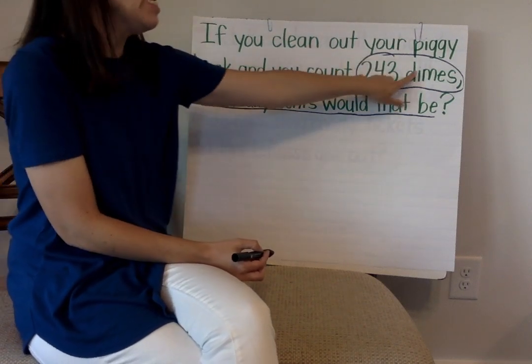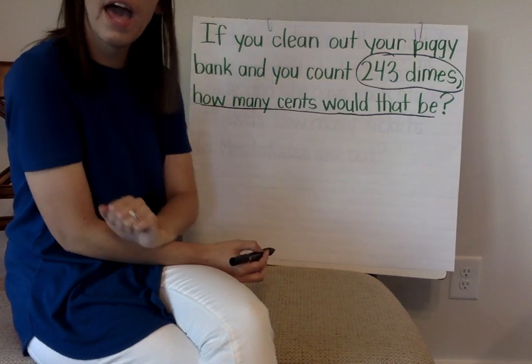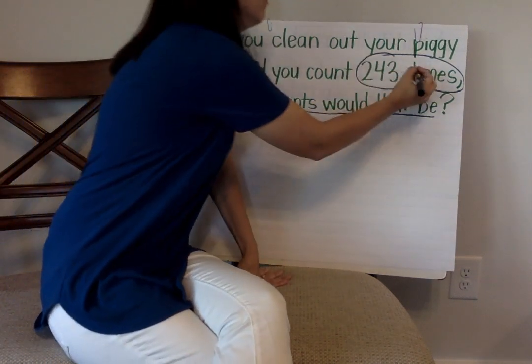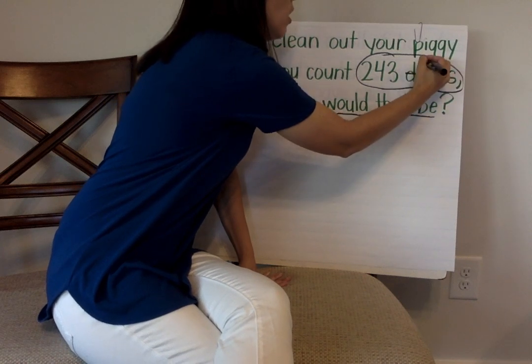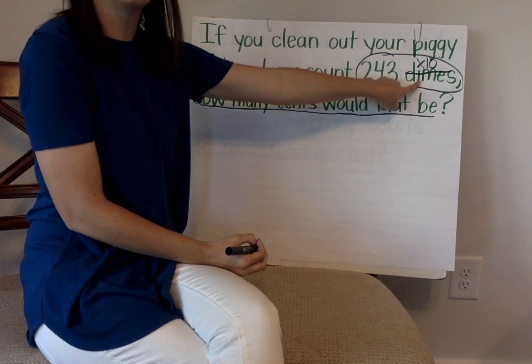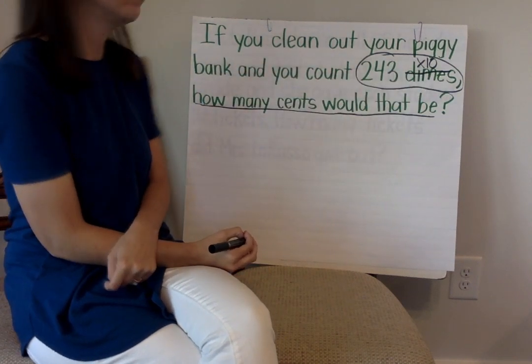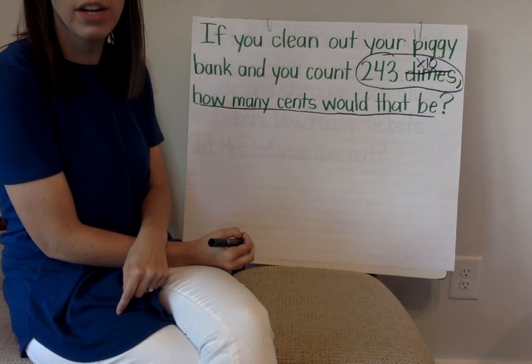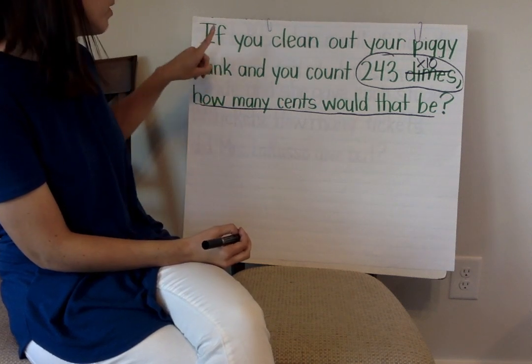I know that a dime is worth how much? 10 cents. So I'm going to cross out dimes right here, and I'm going to multiply by 10 because a dime is worth 10 cents. So let's go back to the beginning of the problem because I already forgot what we were solving for.